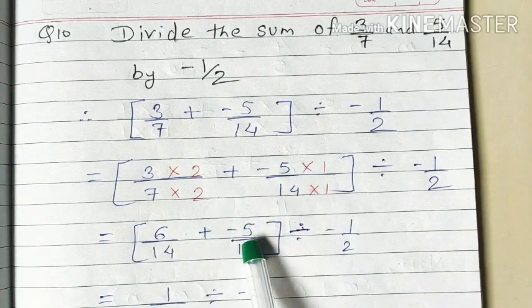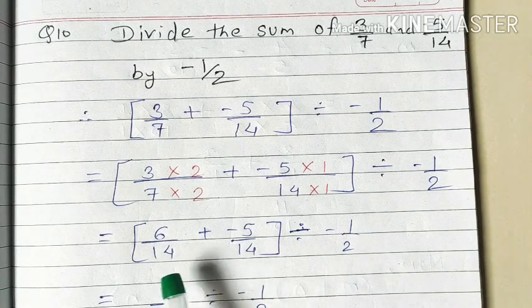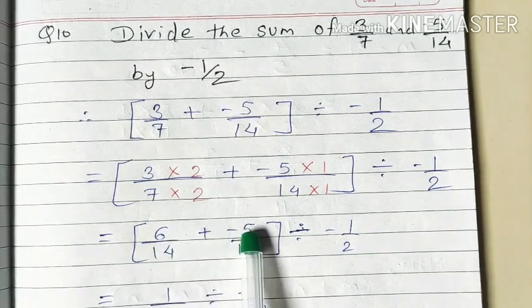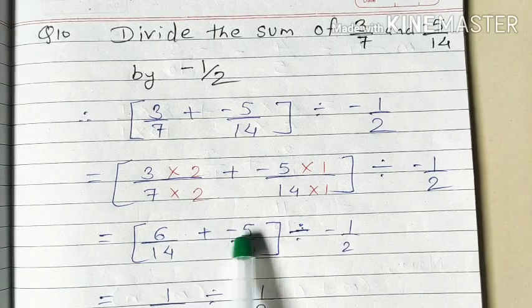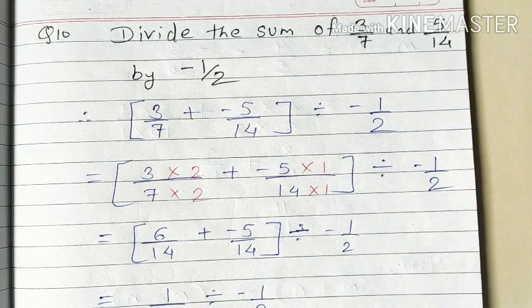Plus minus 5 over 14, divided by minus 1/2. Since the denominators are equal now, 6 minus 5 is 1/14, which is divided by minus 1/2.